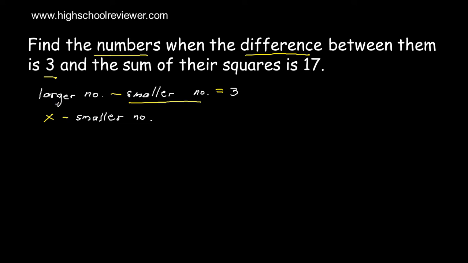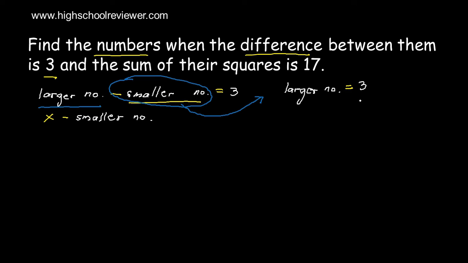And from our equation here, if we want to find the larger number, we will just transpose the negative smaller number to the other side. If we transpose that, the larger number will be equal to 3, and since we transferred the negative to the other side, it becomes positive.